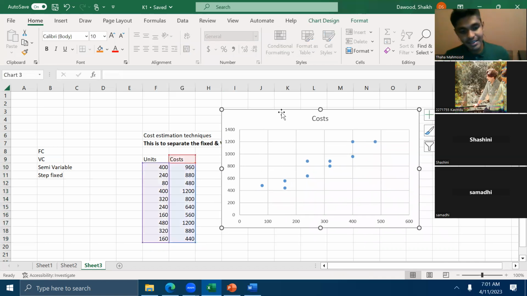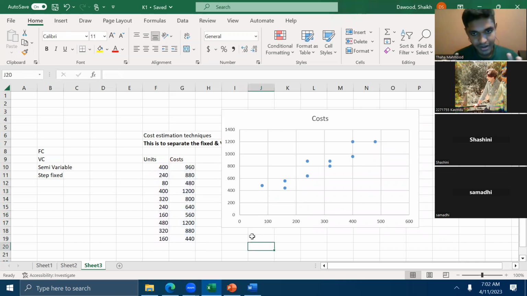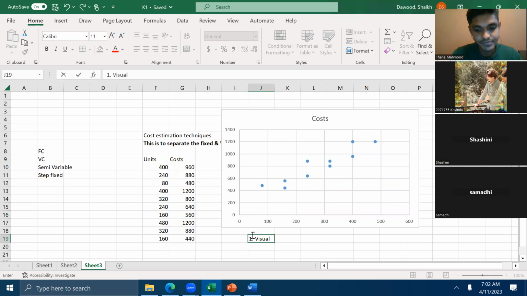After this, there are two ways we can move forward. After plotting the scatter graph, we have two options to separate the cost into fixed and variable. The first one is the visual fit method.